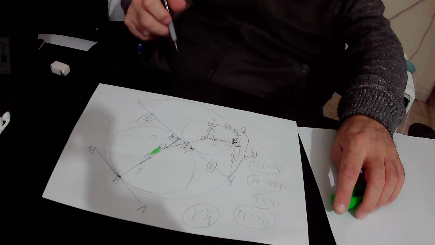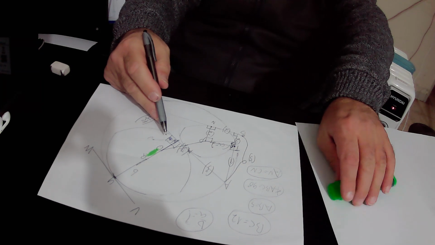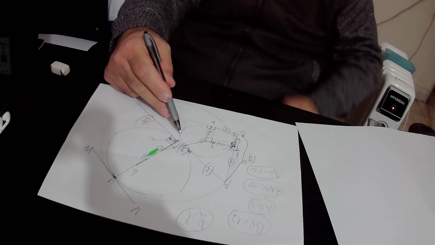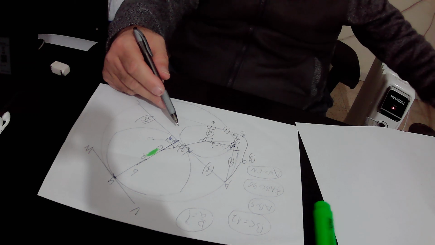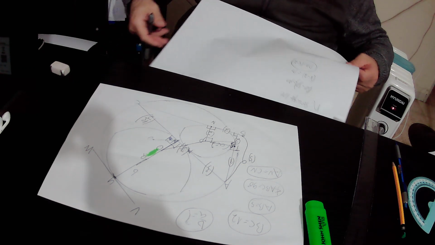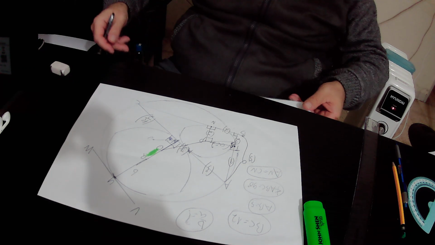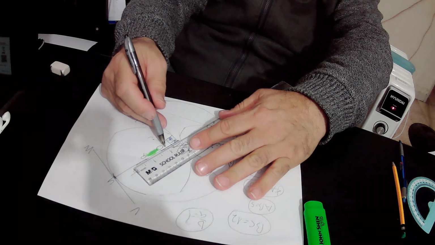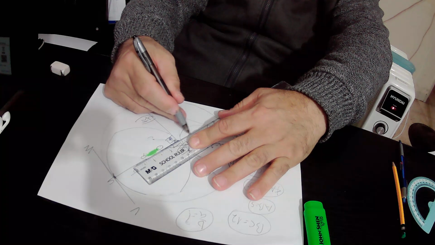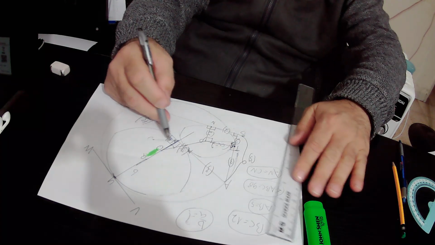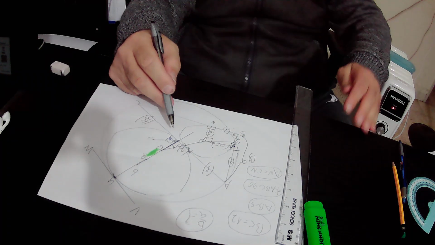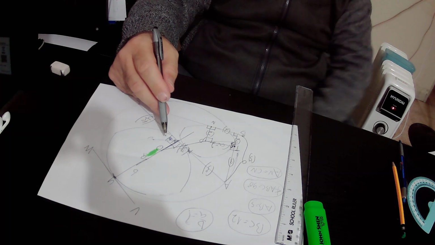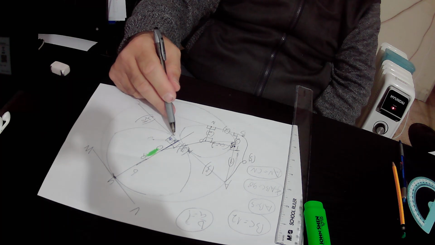In the next step, we will extend the perpendicular ON by a straight line. ON is a perpendicular, it is absolutely a straight line, and we extended it by a straight line.